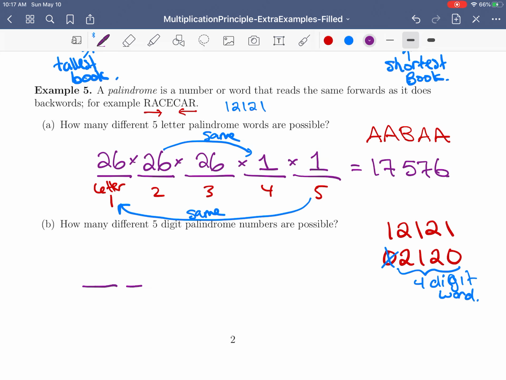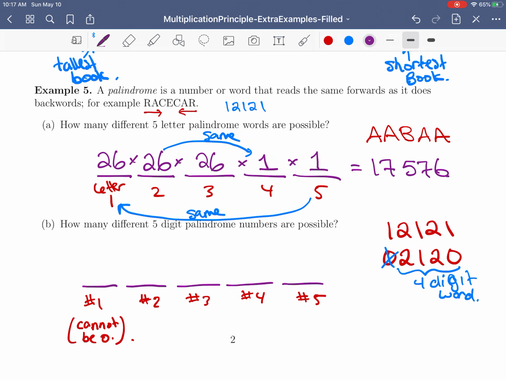So we're going to do something very similar. We have our 5 spots: number 1, number 2, number 3, number 4, and number 5. Now this first one cannot be 0. Normally we have 0, 1, 2, up until 9. That's 10 numbers. So normally we have 10 options, but here we can't be 0, so we only have 9 options for this spot.